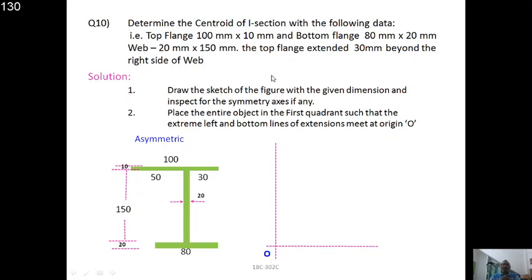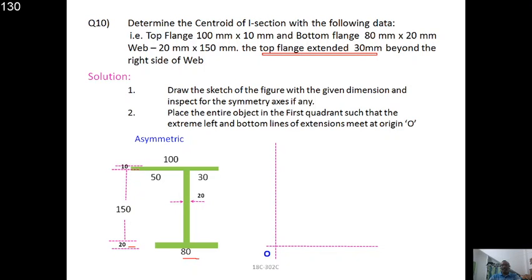See this problem. Determine the centroid of an I section with the following data. Top flange 100 mm by 10 mm, and bottom flange 80 mm by 20 mm. See this, the same dimensions we kept, 80 by 20, 100 by 10. The web is also the same, 20 by 150, but for the top flange, this sentence is important to identify whether the problem is asymmetric or symmetric.